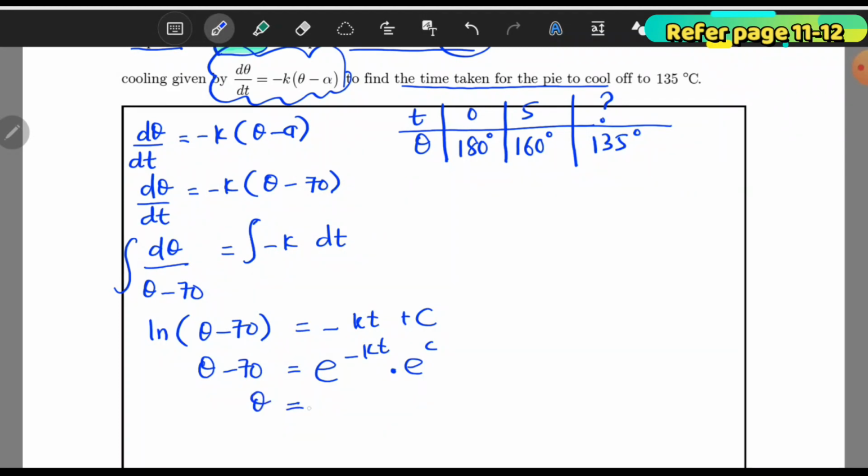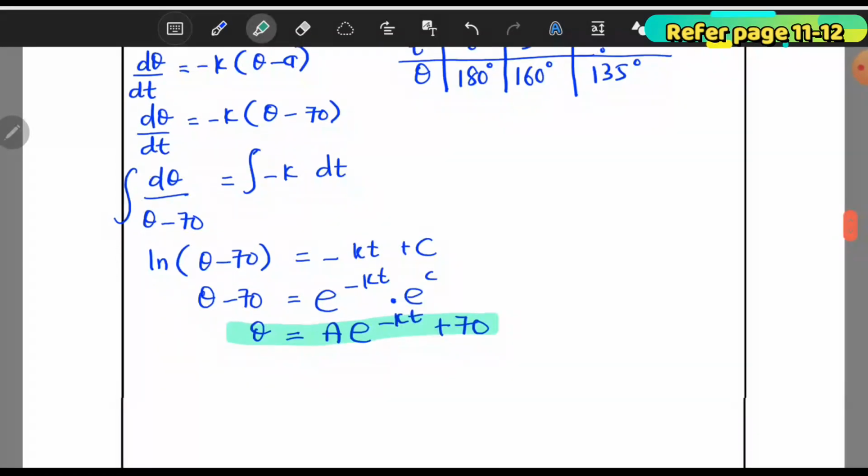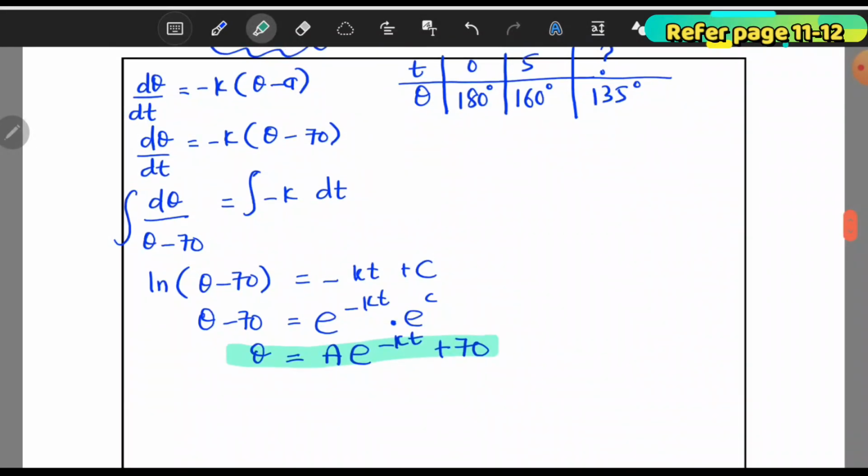Theta is A exponent negative kt plus 70. Okay, so this is the general solution, right? The general equation. And now we go to the question. Okay, given when t is 5, the temperature is 160. So 160 is A exponent.